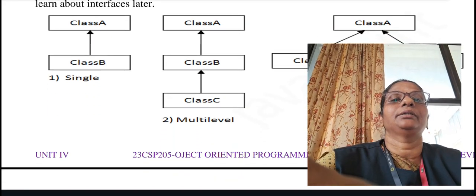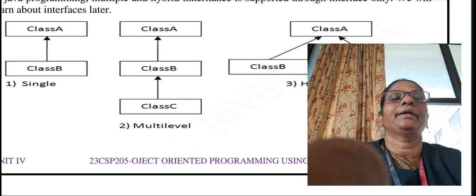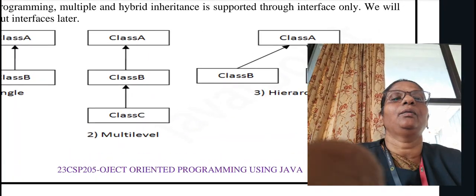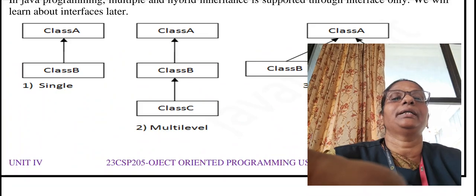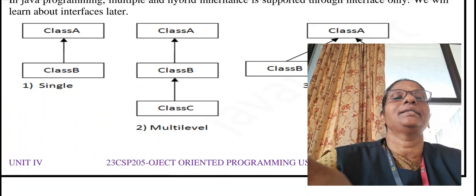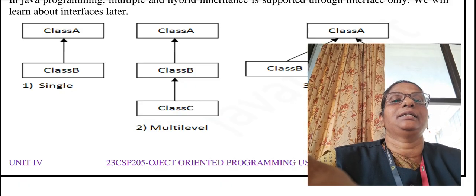In single inheritance, there is one base class and one derived class. In multi-level inheritance, the classes form a chain. In hierarchical inheritance, there is one base class and more than one derived class.